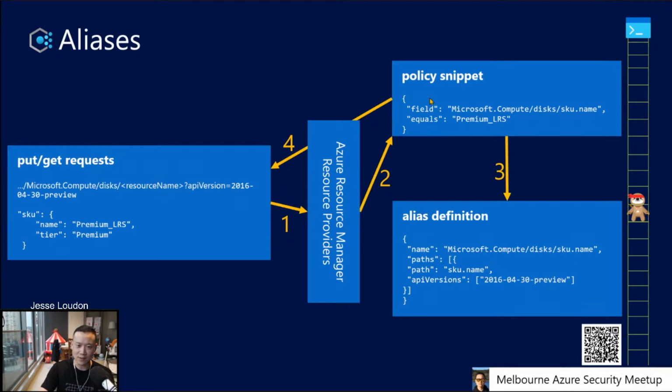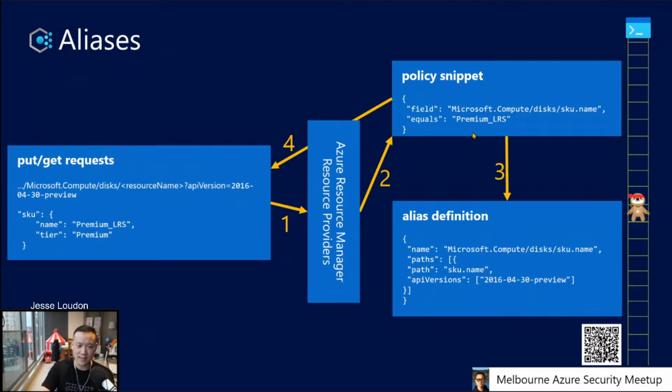The second step goes to the policy snippet. The policy snippet says, okay, we have an if rule here. In the if statement, we've got a governance declaration to say that the disk SKU name alias needs to equal this string, which is a premium LRS string.